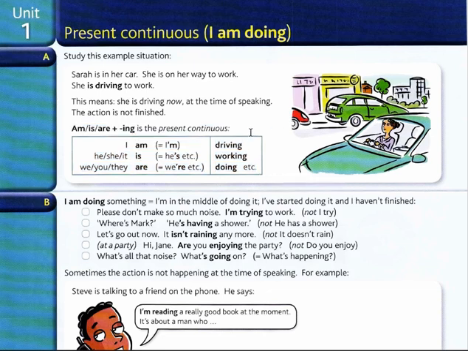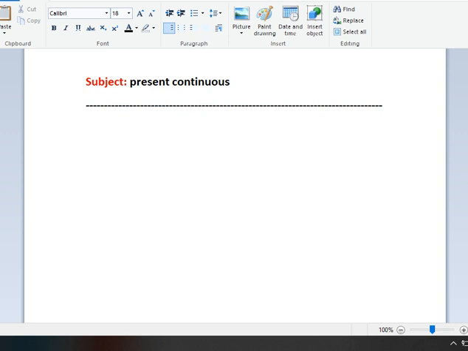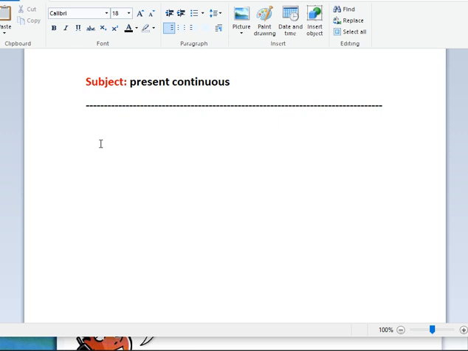This is the rule of present continuous, but we will write it with examples. Generally we have this rule for present continuous. First we have to have a subject. The subject may be a person, maybe a thing, but the subject is doing something in the sentence.